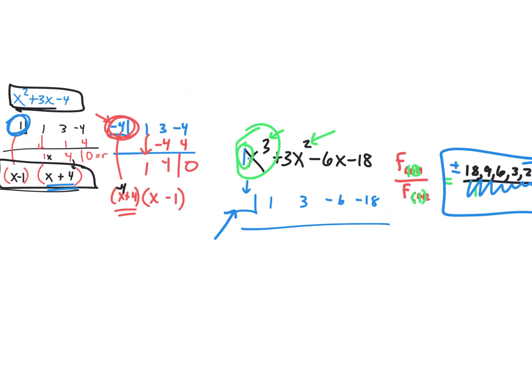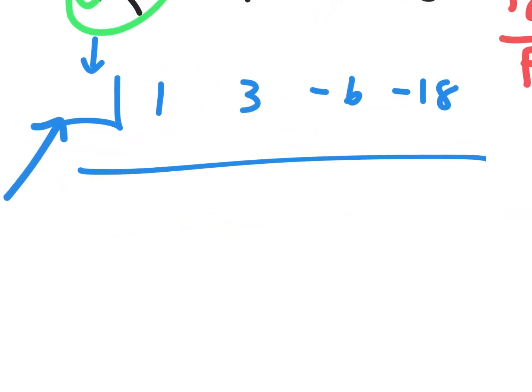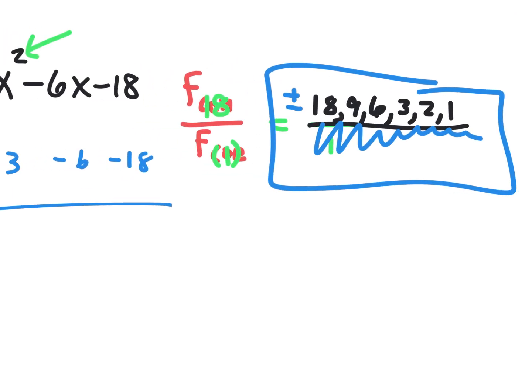Everybody write this out and be ready to test a number, and I'm going to tell you what number to test. We'll divide and conquer, right? In the class, we'll have some people do this number and some people do that number. All right, so row 1, you guys, I want you to test 1 and negative 1. So just start with just test 1. And as soon as you find it, boom, you've got it, and we all stop. Okay, this row, I want you guys to test 2 and negative 2.